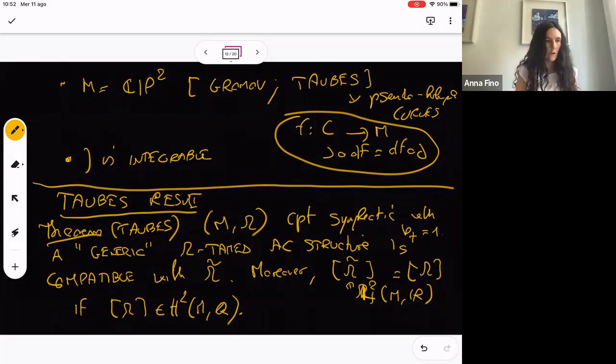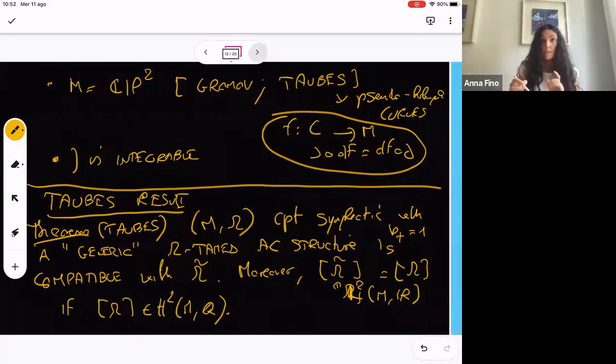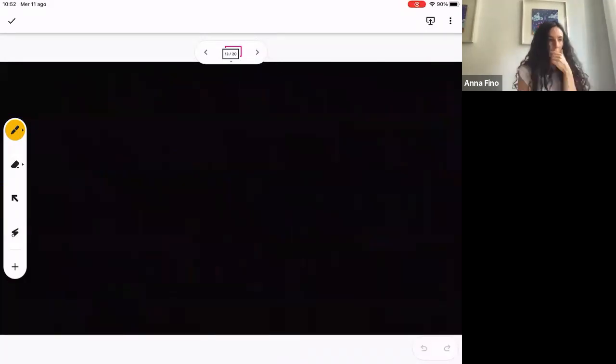That's what it shows. Now I will just explain what you mean by generic and give just a naive idea how we show the result. Use currents to prove the result.